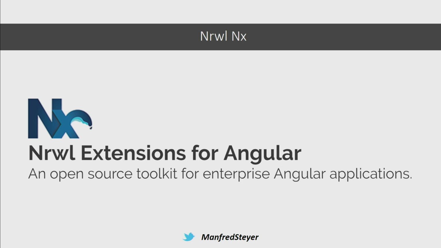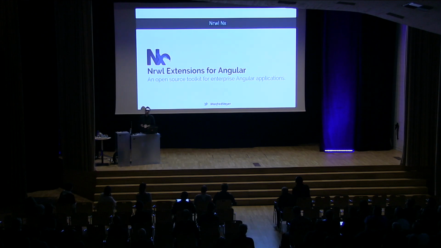For instance, the cool guys at Narwhal created something that is called NX. And NX is both a library, but also a code generator leveraging schematics to create a so-called workspace. A workspace is an environment based upon the CLI that allows you to do the monorepo approach, which allows you to have several projects at once, several projects that belong to each other.